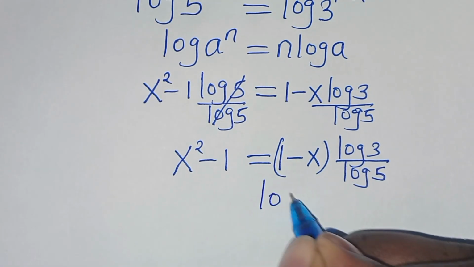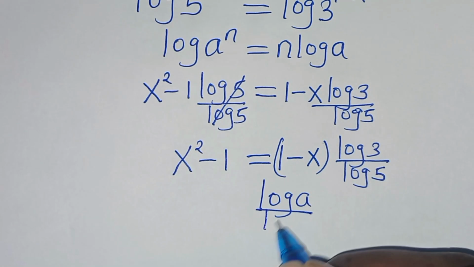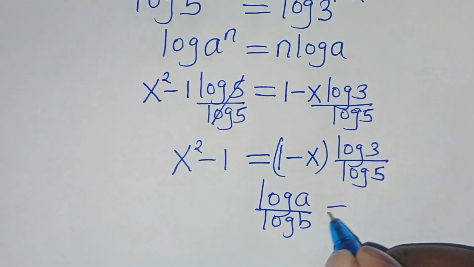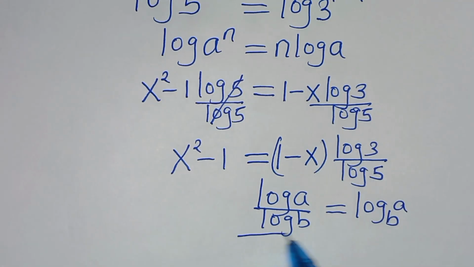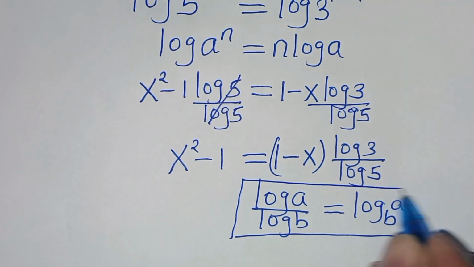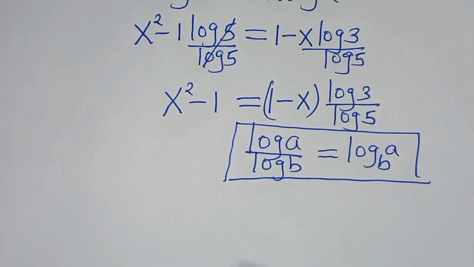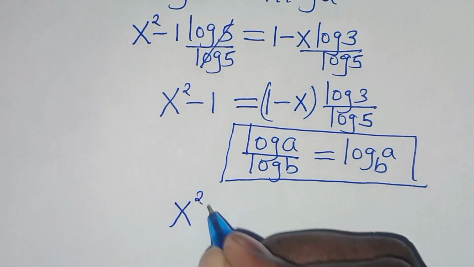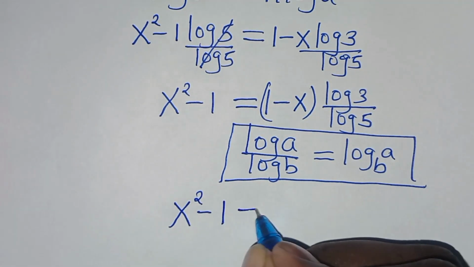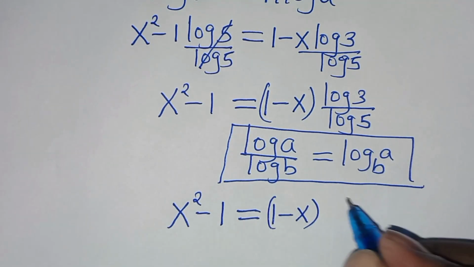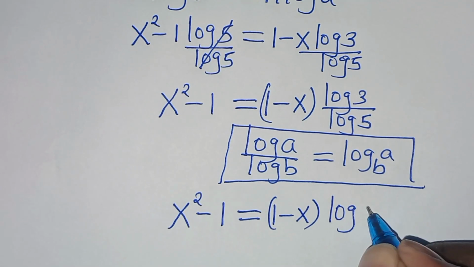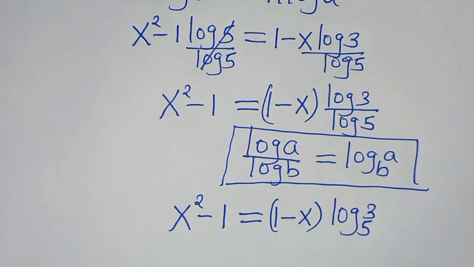This is in the form of log a over log b, which we can express as log a to base b. Applying this logarithm property, we have x squared minus 1 equal to 1 minus x times log 3 to base 5.